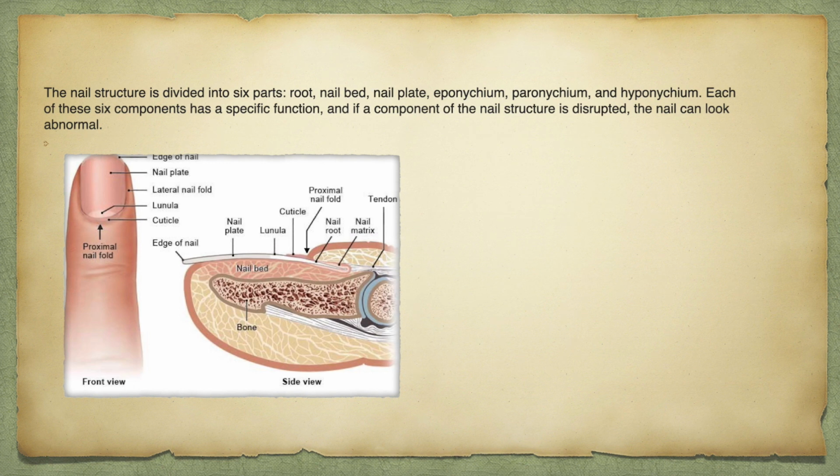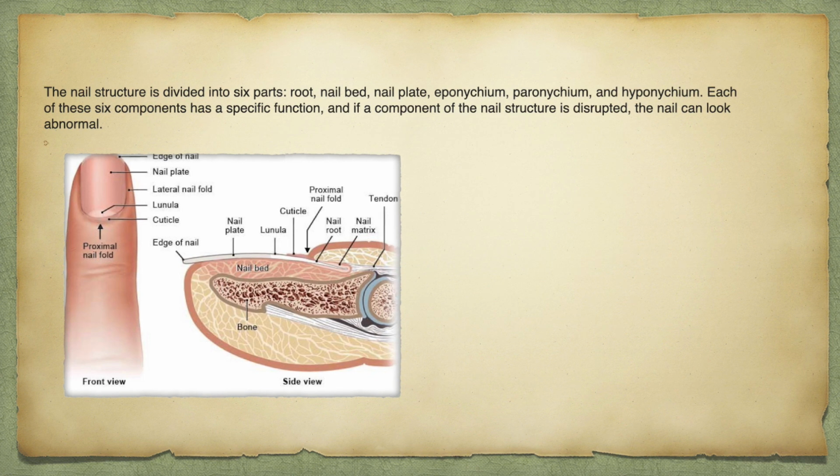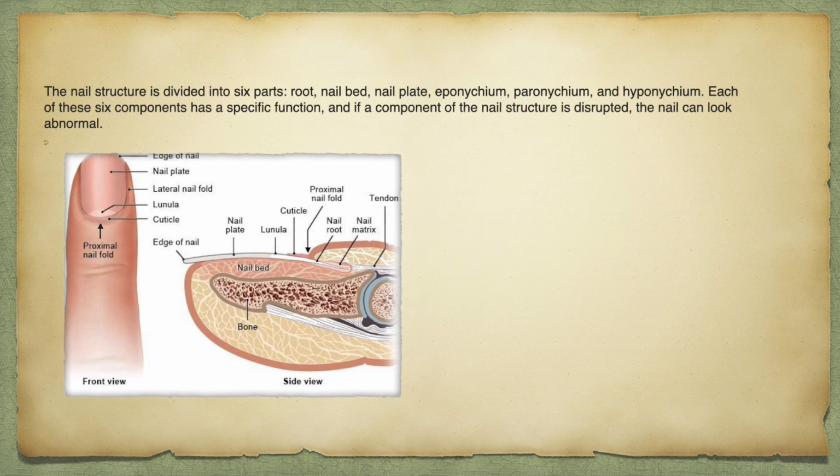Nail bed is also referred to as the sterile matrix. It extends from the edge of the nail root or lunula to the hyponychium. The nail bed contains blood vessels, nerves, and melanocytes that produce melanin.